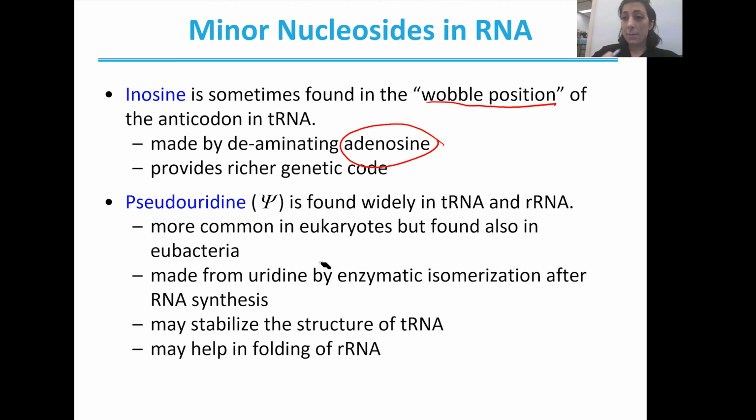The way that it is made is from taking uridine and then isomerizing it after RNA synthesis. It's thought that this pseudouridine formation comes about because it helps stabilize tRNA better and also might help with the folding of rRNA. So this is why we think it has developed in these places within tRNA and rRNA.